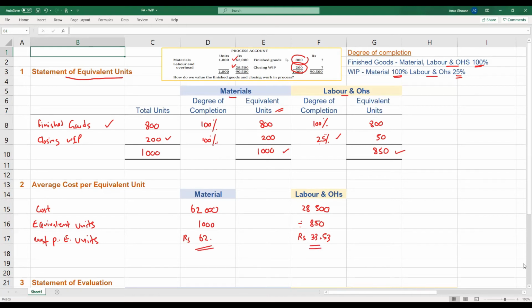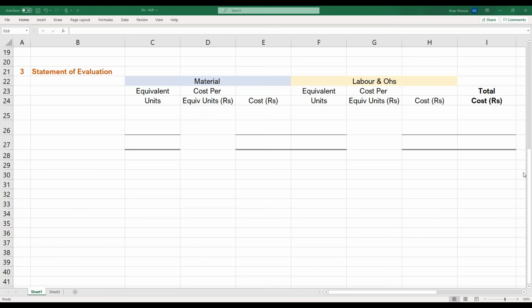Now, what is the third step? The third step is to prepare the statement of evaluation. First of all, we'll take the finished goods.